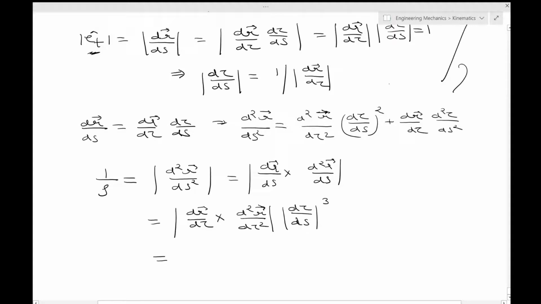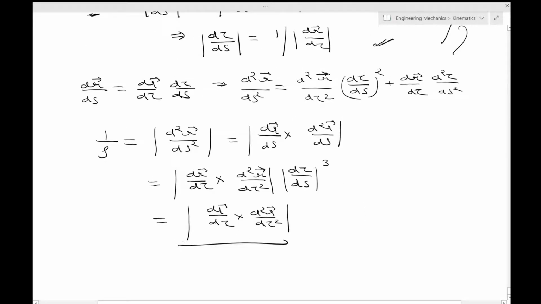So I hope you can see how we have used this term between dr, d tau and ds. This should now be equal to dr by d tau cross d2r by d tau square, divided by dr by d tau cube.